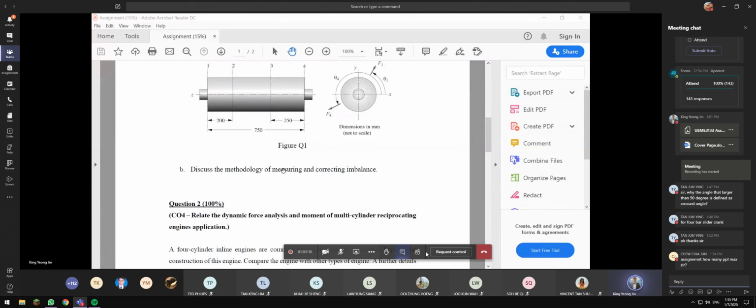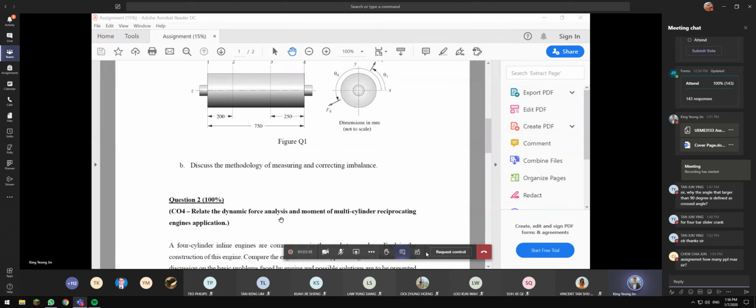So there is a methodology on how we do the measuring of the unbalance and then the correction of this unbalance. Even now, if you buy a China ceiling fan, they ask you to do balancing yourself. They always give you 2 pieces of magnetic weight to fine tune the fan balancing.